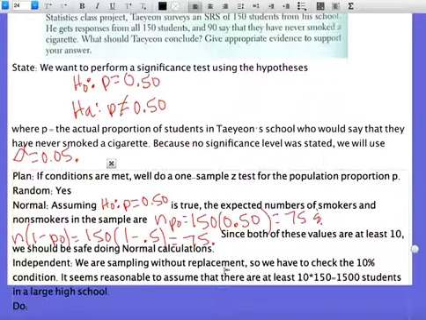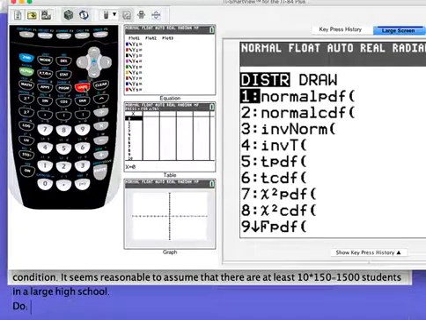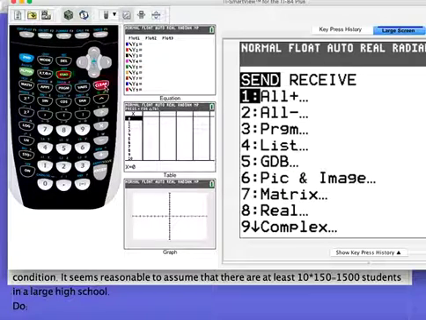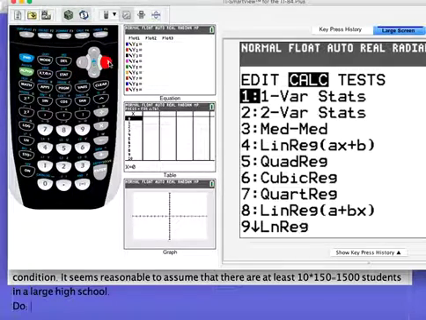So next we're going to do, let's do this the quick way, doing this on the calculator. So go to stat, go to tests.